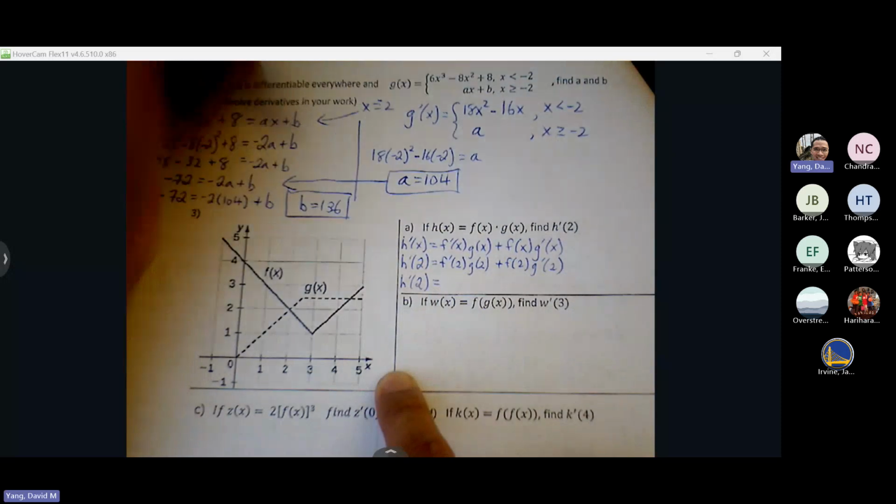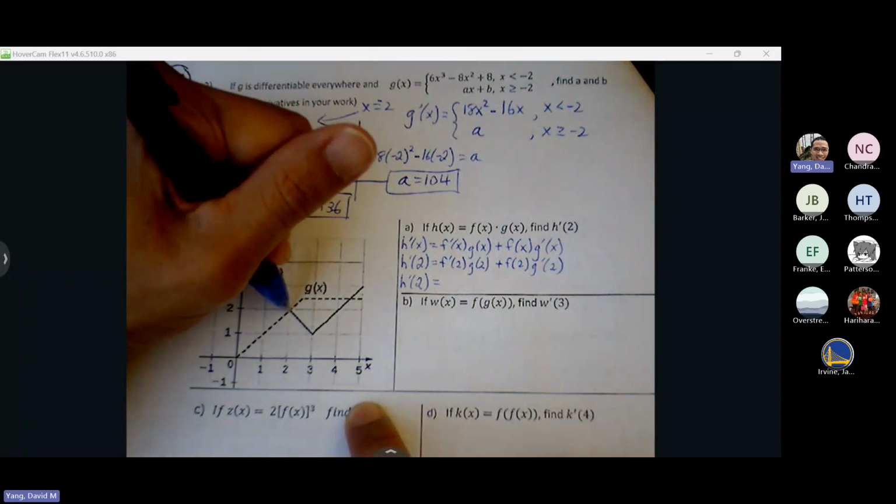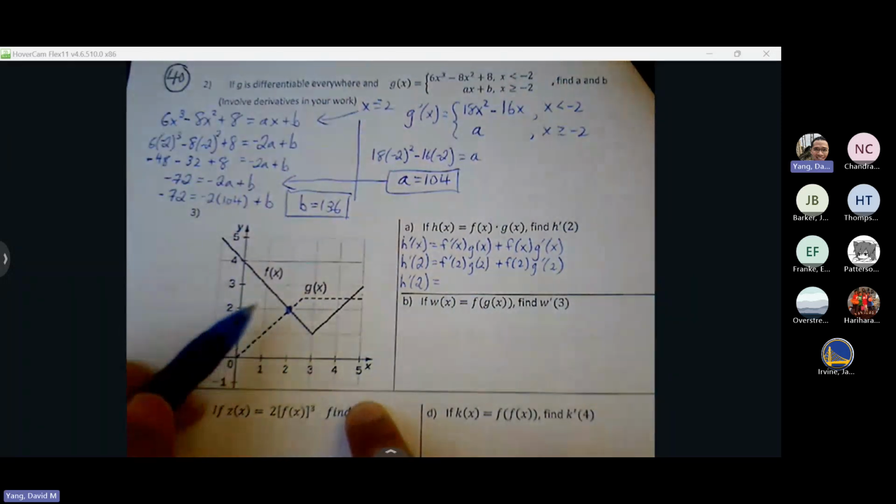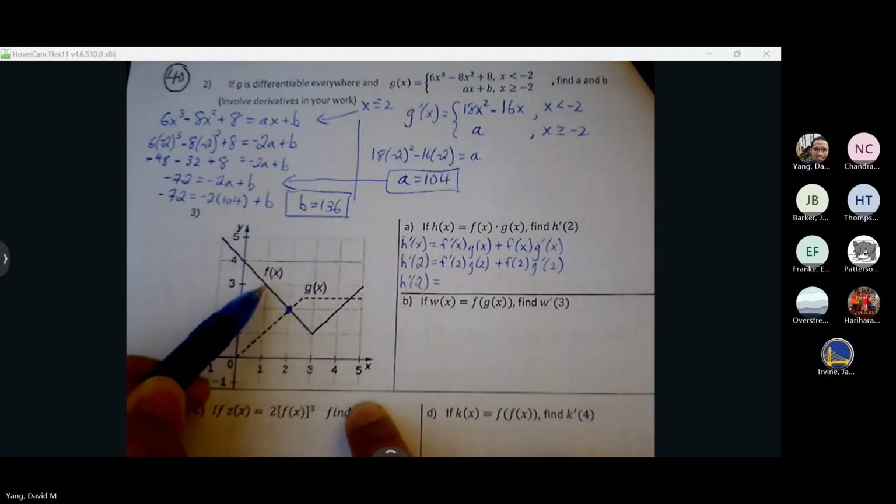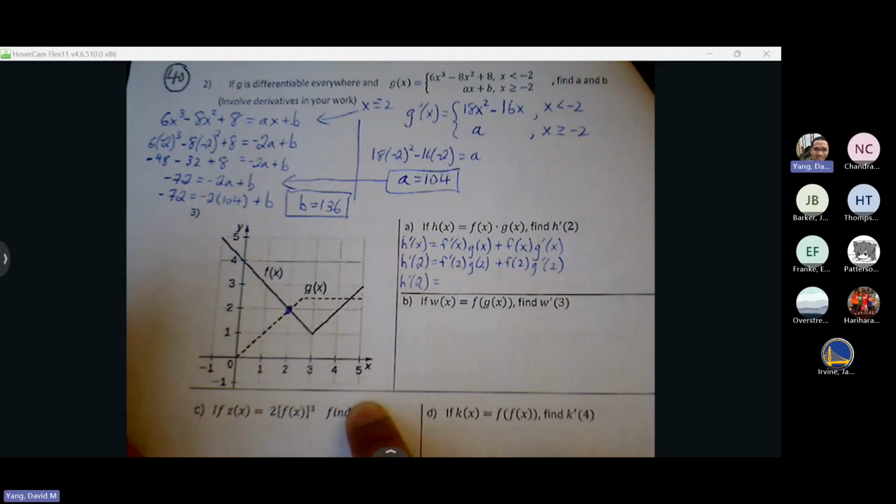Okay, so for f prime of 2, we're asking for the steepness of the f graph at 2. And the slope here is down 1, over 1, so the slope is -1.